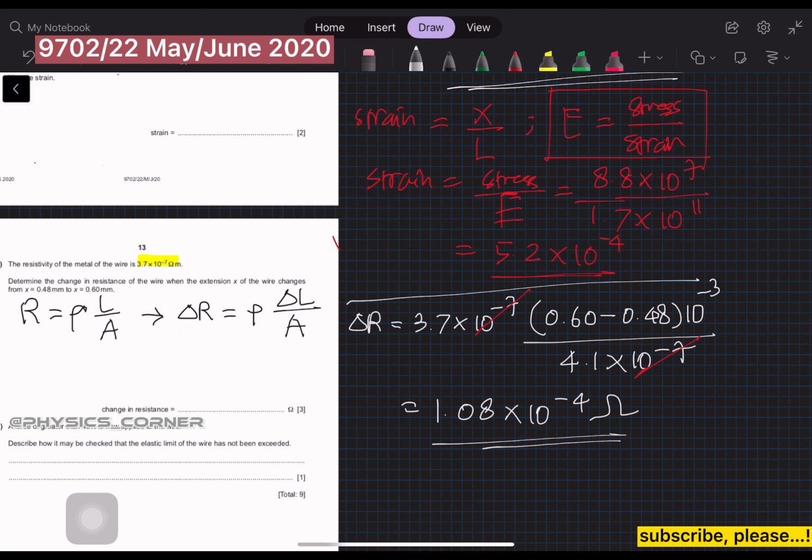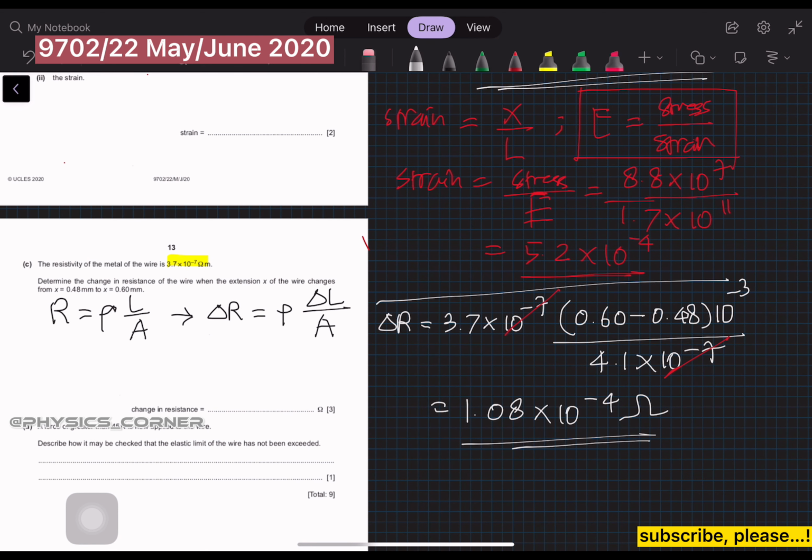Okay, then, a force greater than 45 Newton is now applied to the wire. Describe how it may be checked that the elastic limit of the wire has not been exceeded.